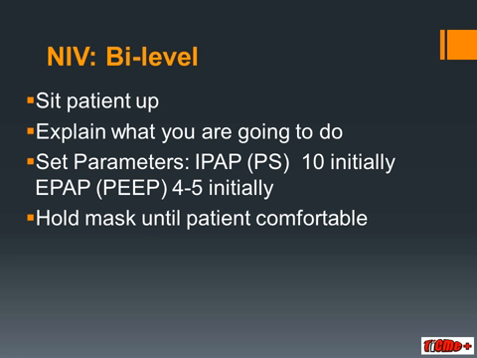You can rapidly titrate these upwards, but if the patient doesn't tolerate your high numbers, then non-invasive ventilation will not be successful. We like to hold the mask on the patient's face until they feel comfortable. This allows you to take it away if anxiety is a big problem. It also allows you to work out what sort of pressure you need to apply to the mask to minimize leak.